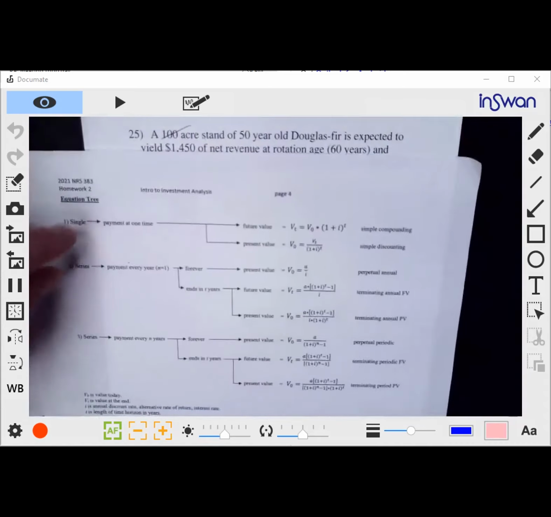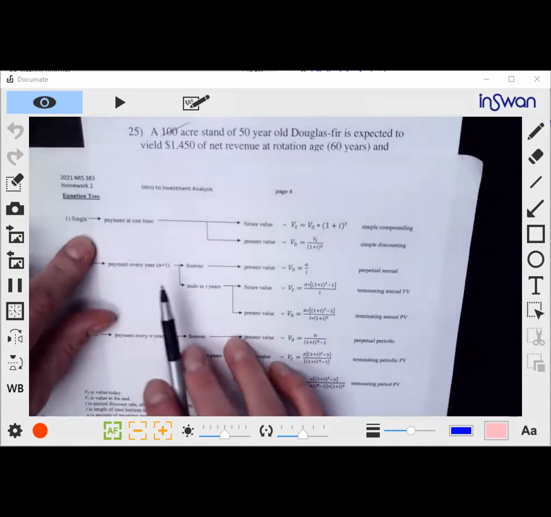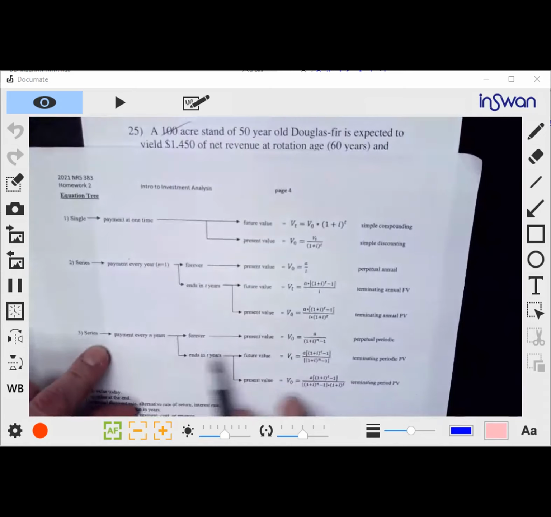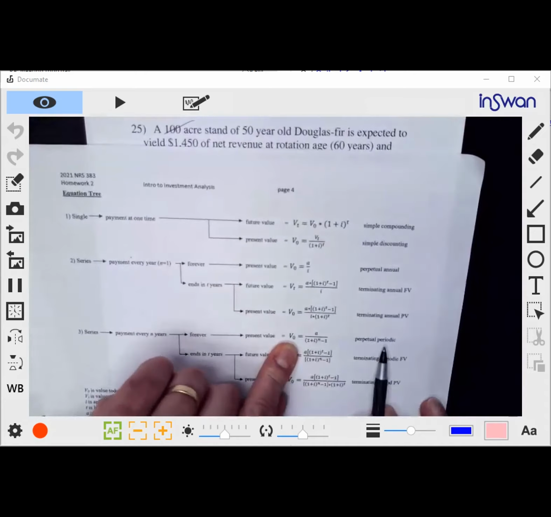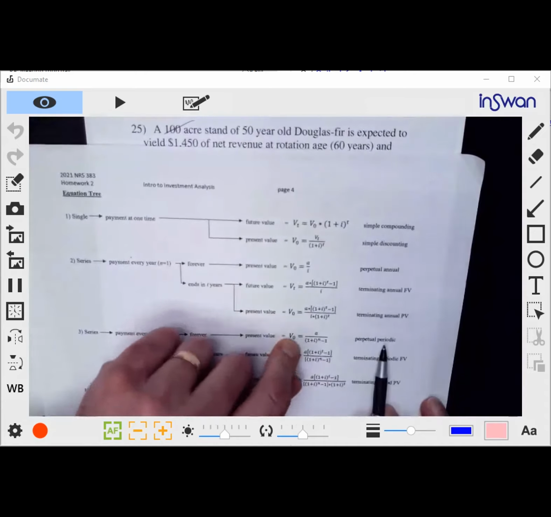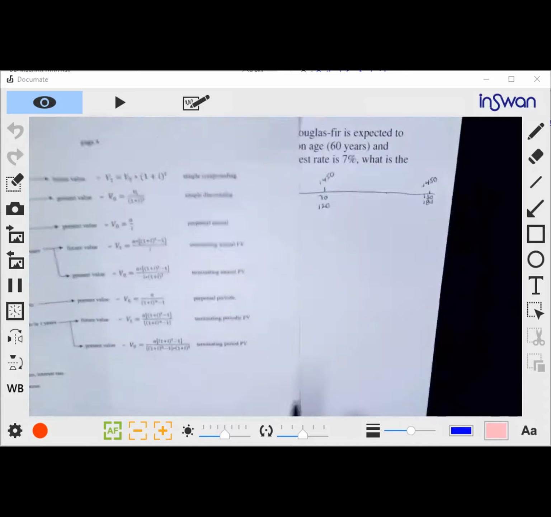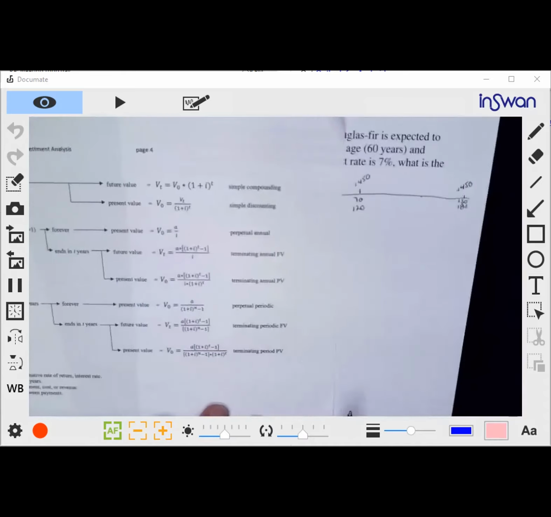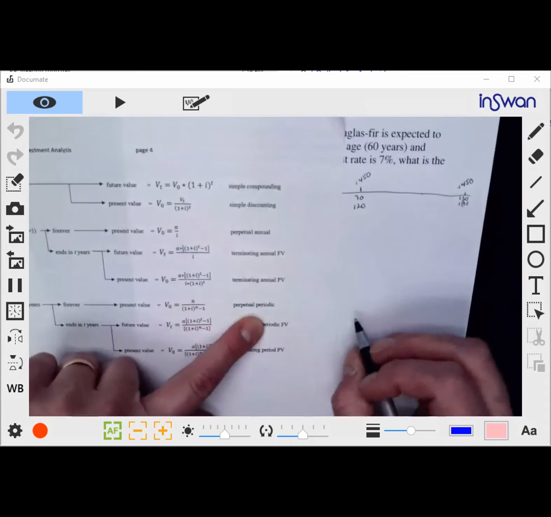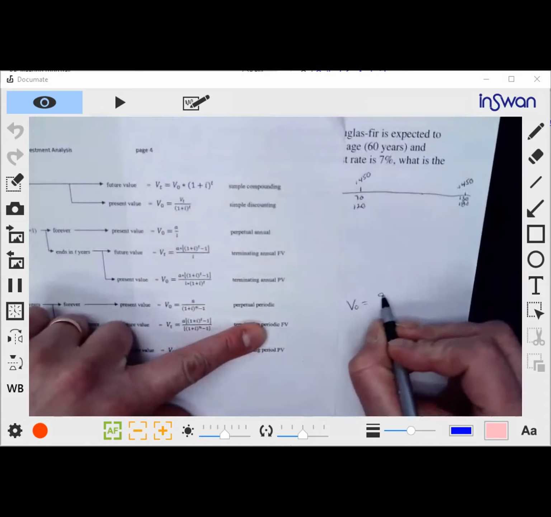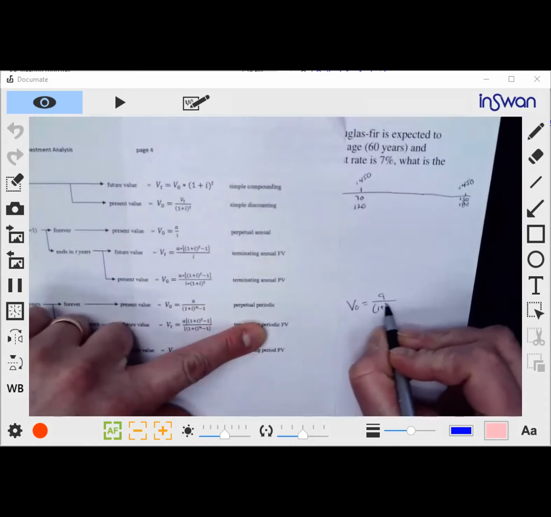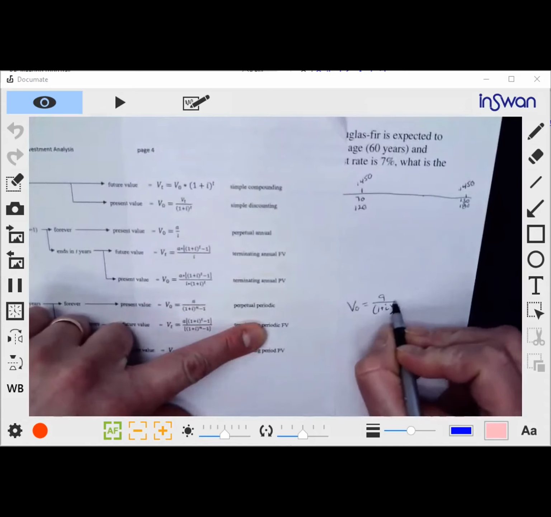So fundamental to this, when we go to our sheet, is understanding what our sheet is really telling us. We know it's not one time, it's a series, right? We're pretty good at finding what this is. It goes on forever. It is a perpetual periodic series. What's missing here is perhaps what that means or where those values are. If I'm looking at this perpetual periodic series, my VO equals A over (1 plus I) to the n minus 1.